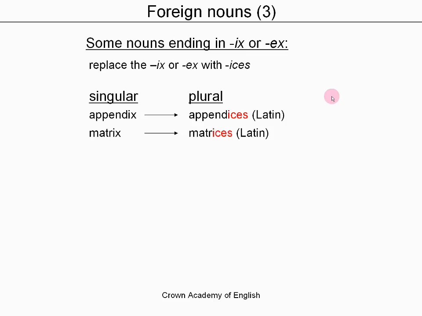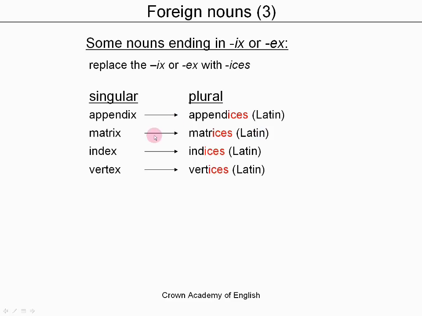Matrix, matrices. So we pronounce it "i-seez". Matrices. Index, indices. Vertex, vertices. Okay, so again, do not worry, these are not very common words. Well, perhaps index is probably the most common.